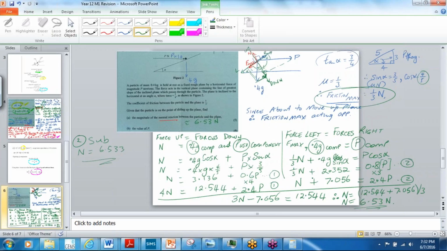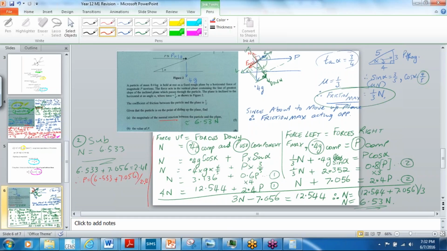So we've got into equation 2, 6.533 plus 7.056 equals 2.4P. Therefore, P will equal 6.533 plus 7.056. Divide that by 2.4.